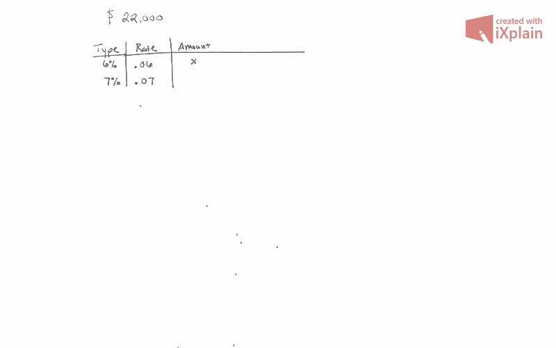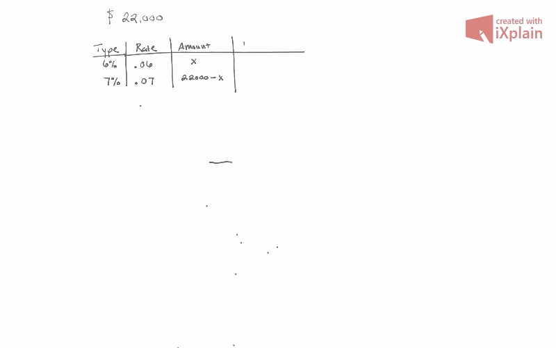So if you are starting to work with the 6% investment, you would say, well, I don't know how much this executive has put in here, so for now I'm going to put x in there to hold its place. That being said, then, you can kind of piggyback off of this idea. If you put x amount of dollars into the 6% investment, then that means that you would have put in the remaining amount, which is going to be that $22,000 minus the x dollars that you used in the 6% investment.